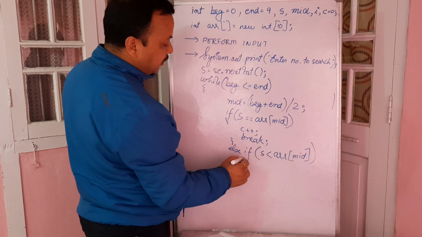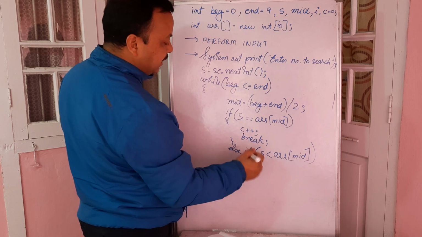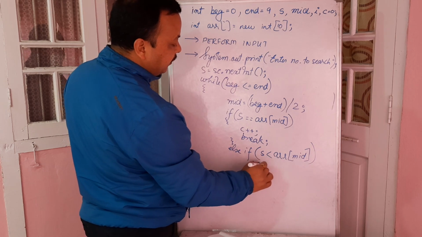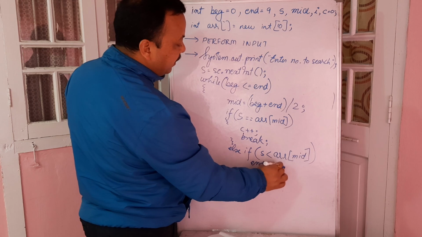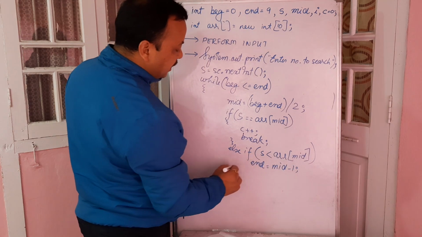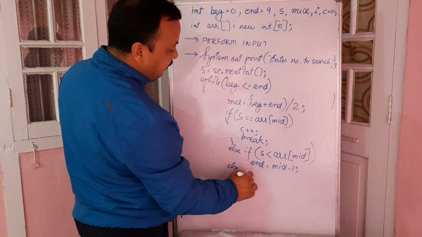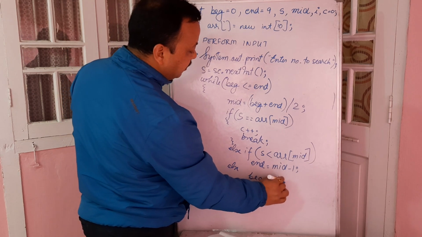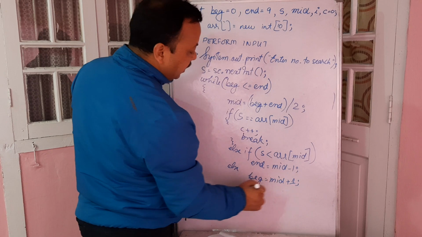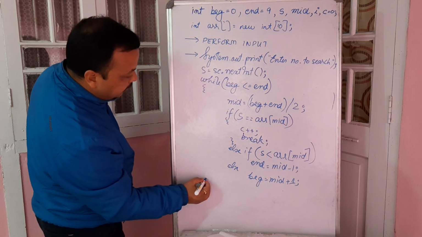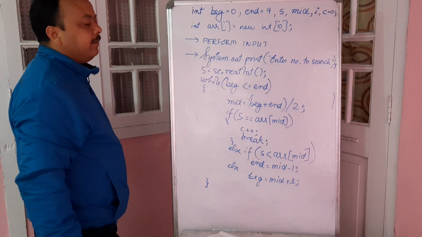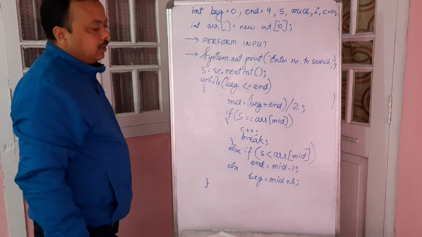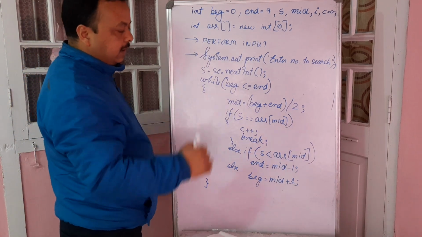If this is the case, you bring down the value of end to mid minus 1. Otherwise, beginning is equal to mid plus 1. This way you are dividing the array into 2 and then continuing your search on one of the halves.